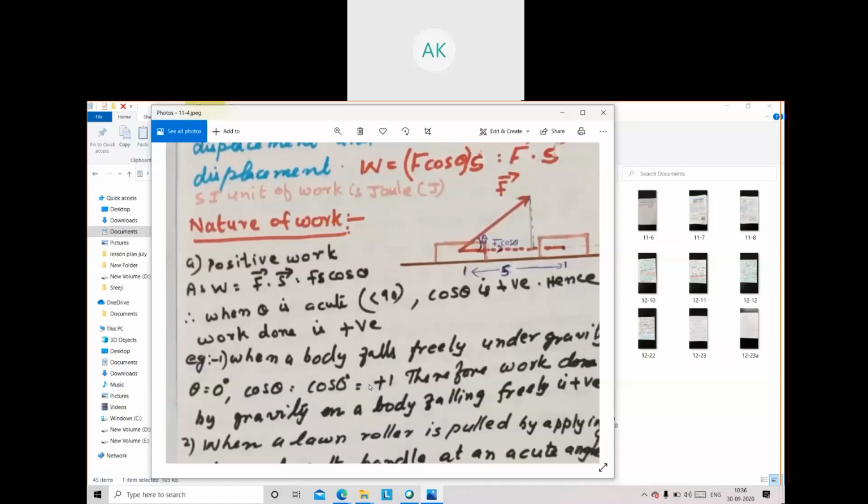We are applying force towards east, and the body moves towards east. Both are in the same direction. So work done by us is positive. We are doing a positive work. Understand?